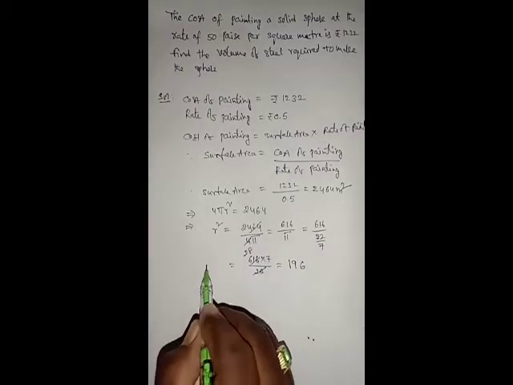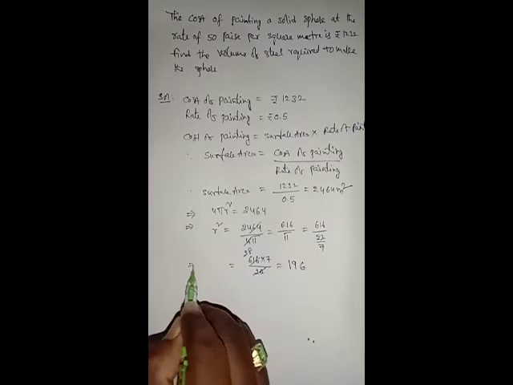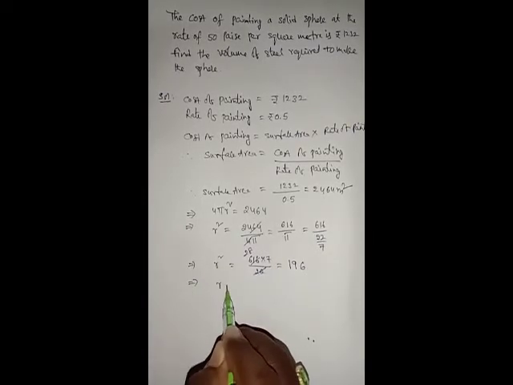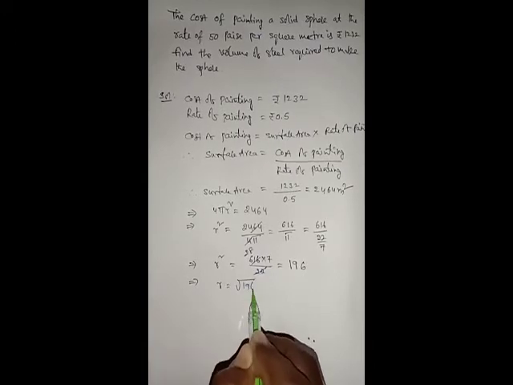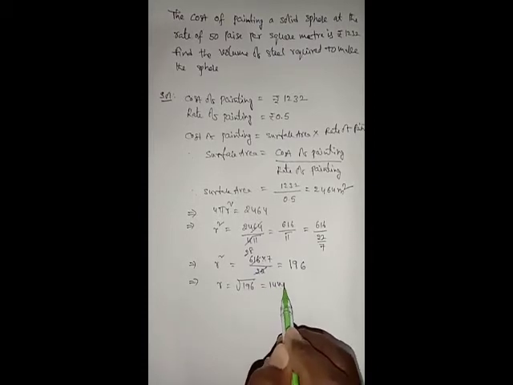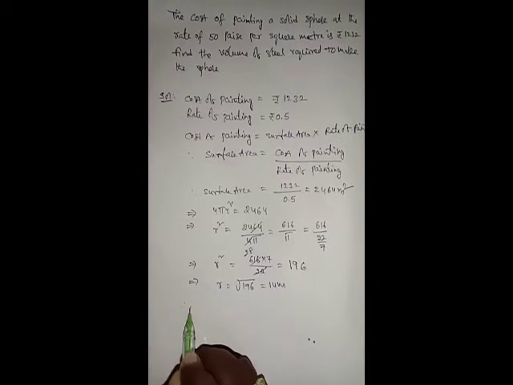That means the r square value is 196. To get the r value, take the square root on both sides. The square root of 196 is 14. So r equals 14 meters.